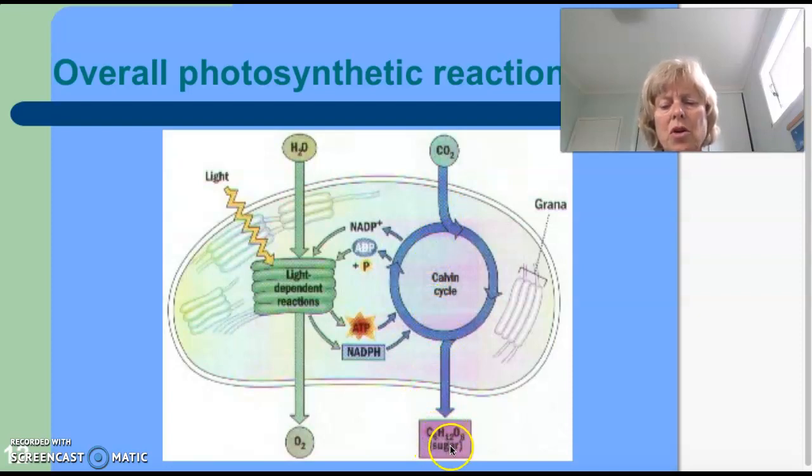So to build a sugar molecule, hydrogen needs to be added to carbon dioxide. And the NADPH is the molecule that is delivering the hydrogen for that step. And the ATP is giving the energy that is needed to put together a sugar molecule.